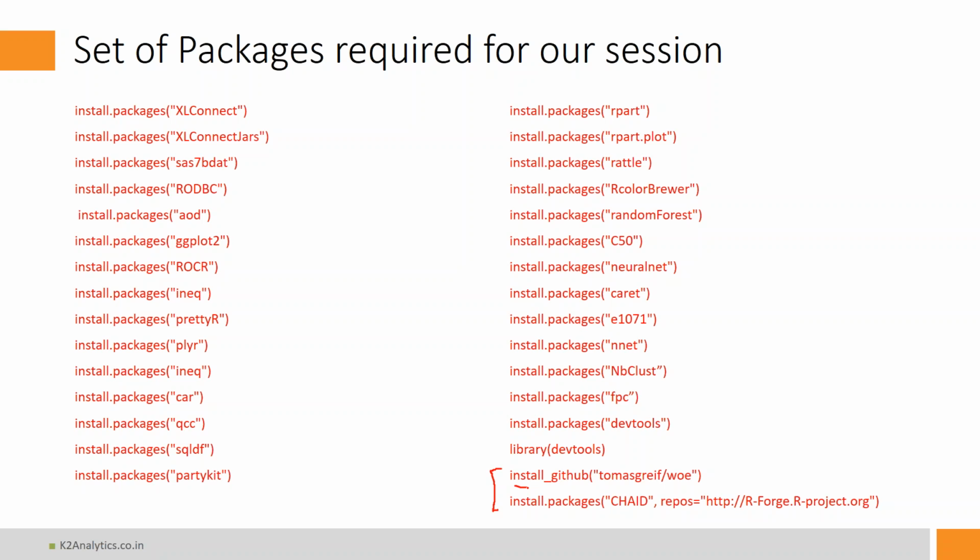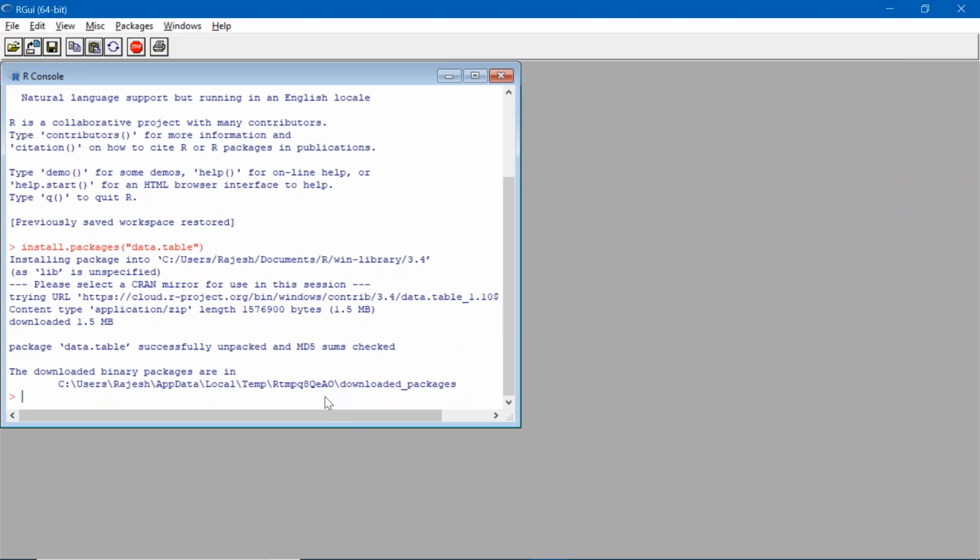So to download from GitHub, you require DevTools, which means you have to install the package DevTools. It might be already installed on my machine.